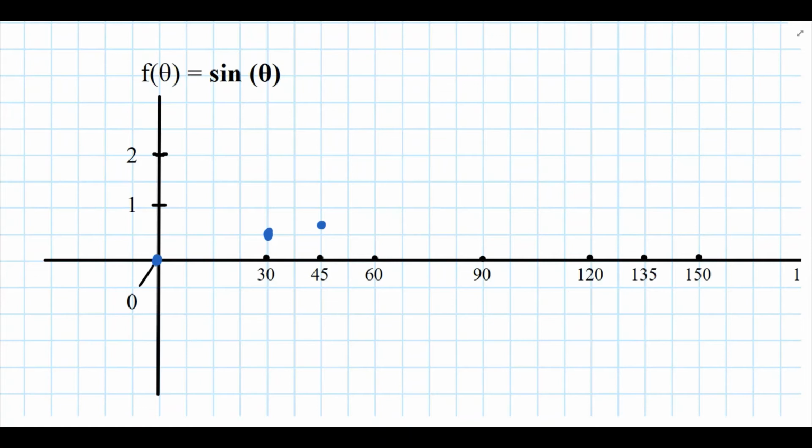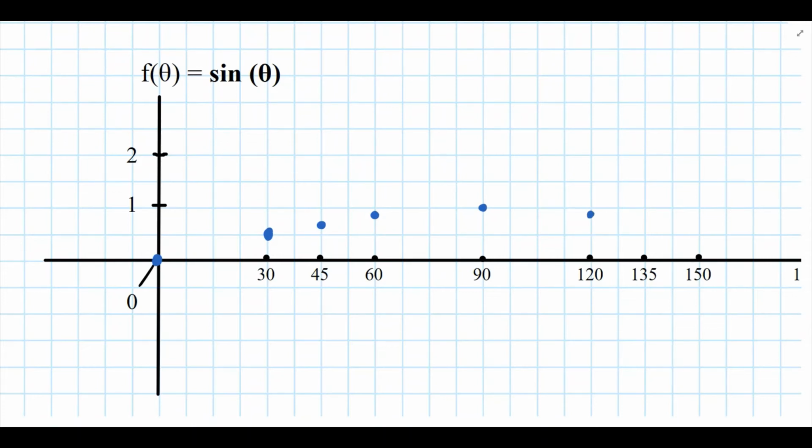At 60 degrees, or pi over 3 radians, the y-coordinate is the square root of 3 divided by 2, or 0.87. At 90 degrees, or pi over 2 radians, the y-coordinate is 1. At 120 degrees, or 2 pi over 3 radians, the y-coordinate is again the square root of 3 divided by 2.